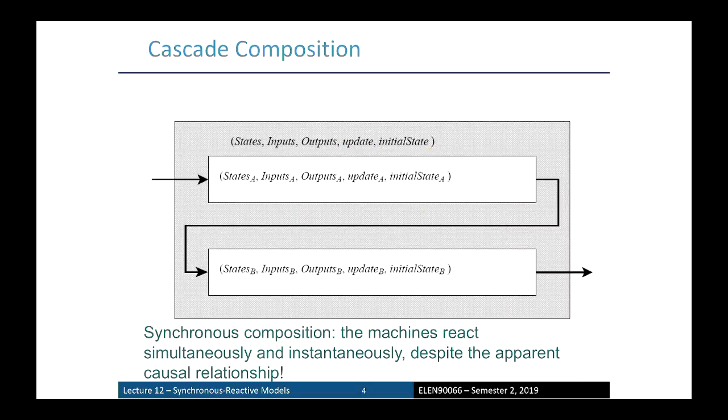In asynchronous composition, you've got to choose one of the sub-machines to react. So asynchronous composition for this is very difficult. You might need some buffering on the inputs to make sure you don't miss information. It's messy and we won't consider it.